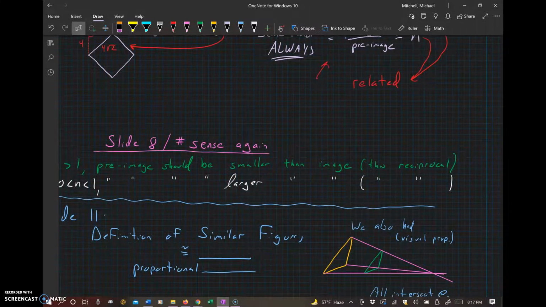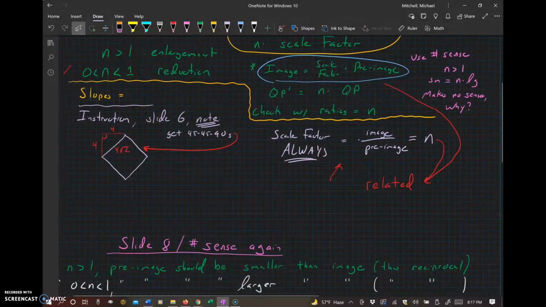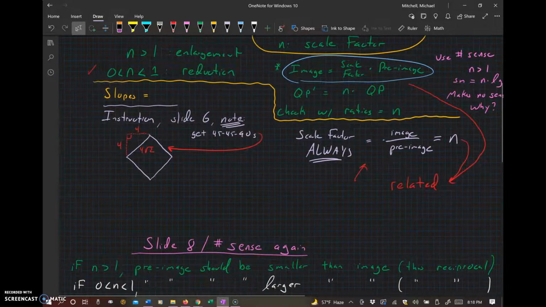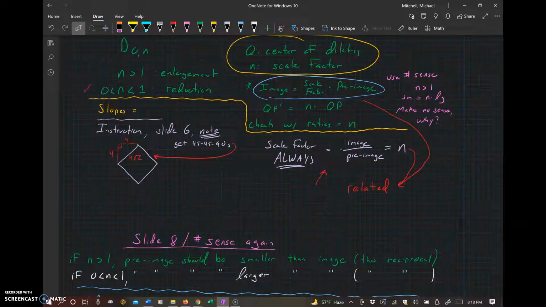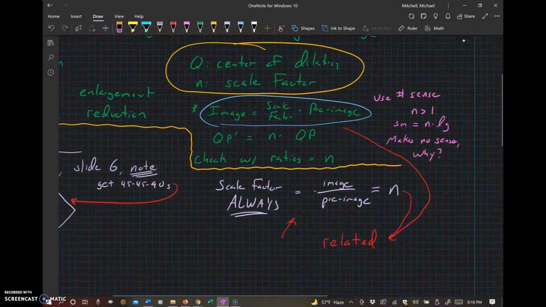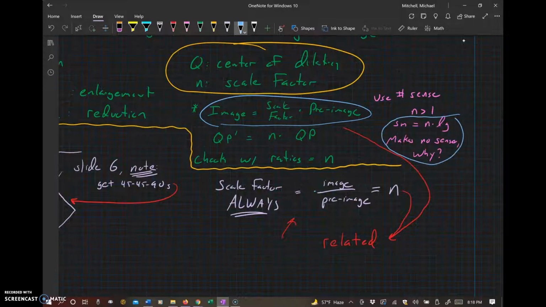Slide number 8, number sense again. I had some other number sense up here somewhere. Right here. Use number sense. If n is greater than 1, you know the small number has to equal n times the large. This equation would actually make no sense.